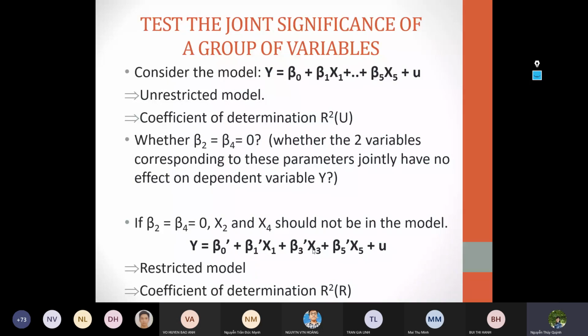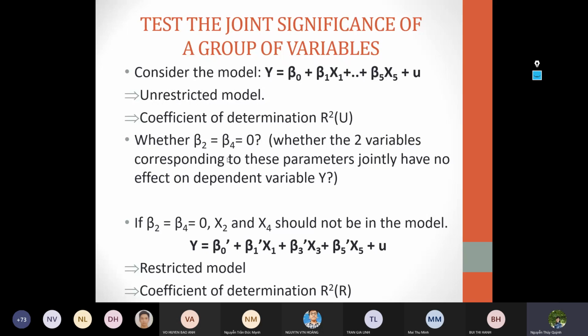Now let's see how we can test the hypothesis of whether beta 2 and beta 4 are simultaneously equal to 0, that is, x2 and x4 have no joint effect on the dependent variable y.